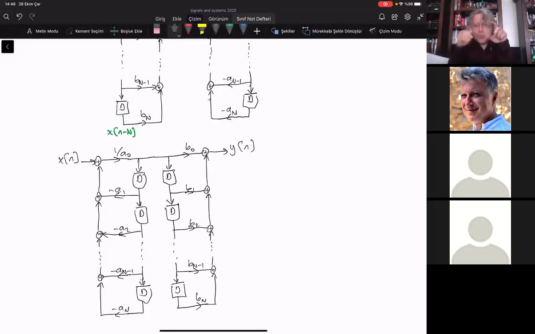Then I will merge these middle branch signals using only a single delay element every time I have a pair of delay elements, because if the top signal is red and red here, then this green and this green are the same. And then this blue and this blue are the same.